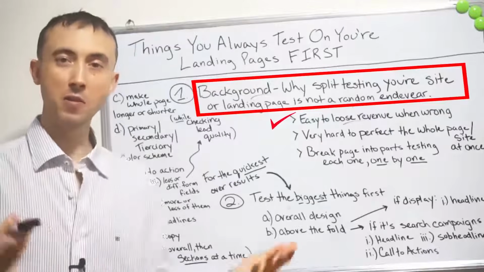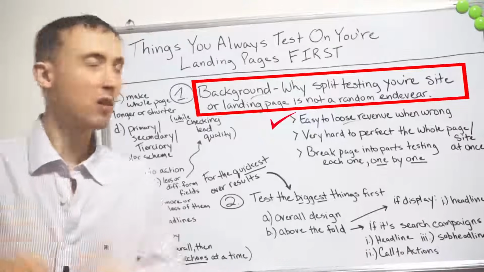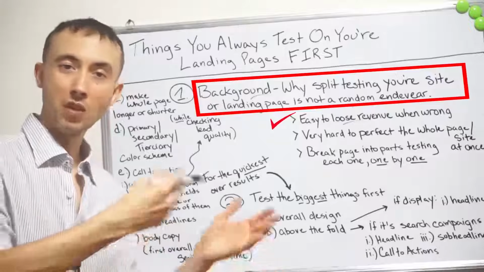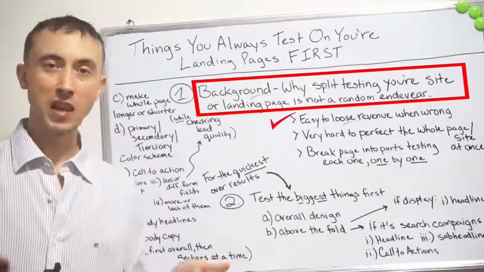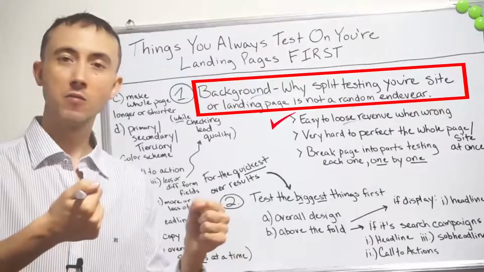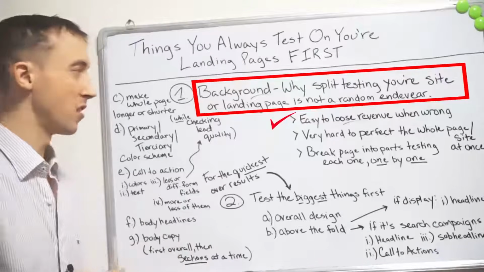We're literally talking about if your PPC is 80% of your sales coming in, and all of a sudden you throw up a page that's crap, or the same thing could happen with a site redesign. I see people do that all the time too. They redesign their site. They don't know anything about conversion psychology and how to get high conversion rates from a website. Landing pages are the same thing.